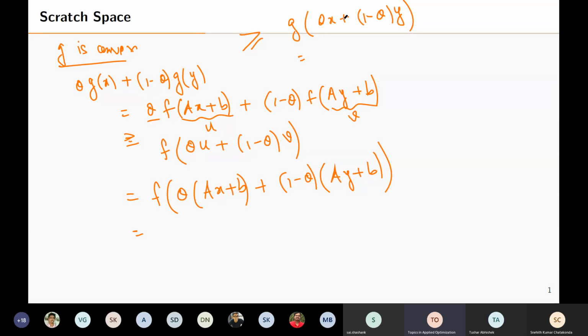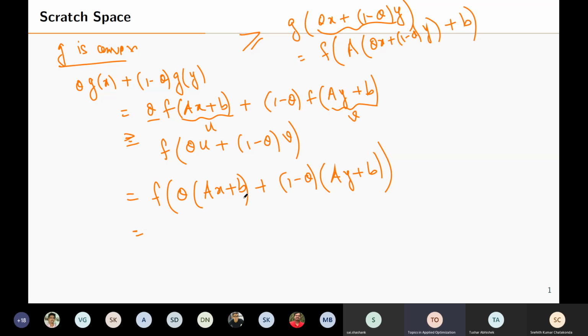This is like A of this plus b, right? So what we want to get is A times of this plus b, right? So can we put this in this form? It seems like we can put this in this form, right?